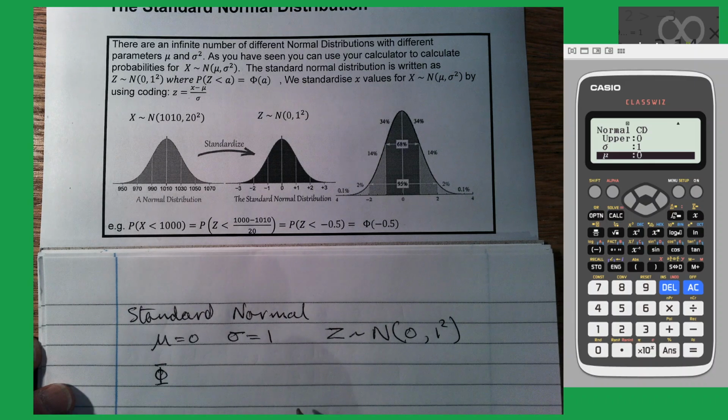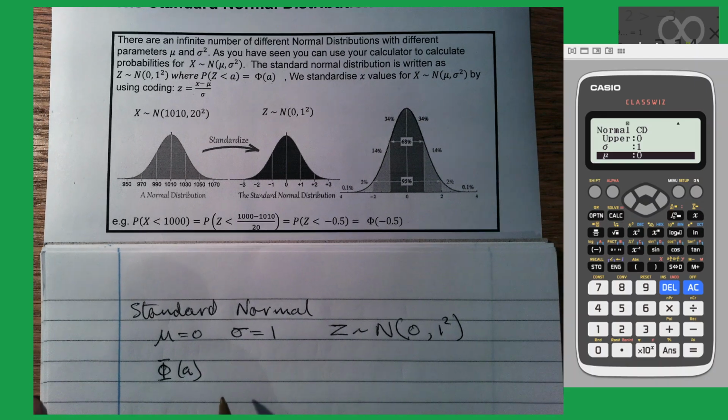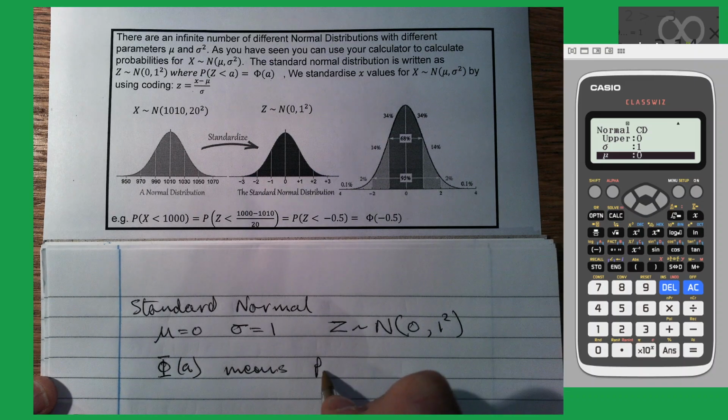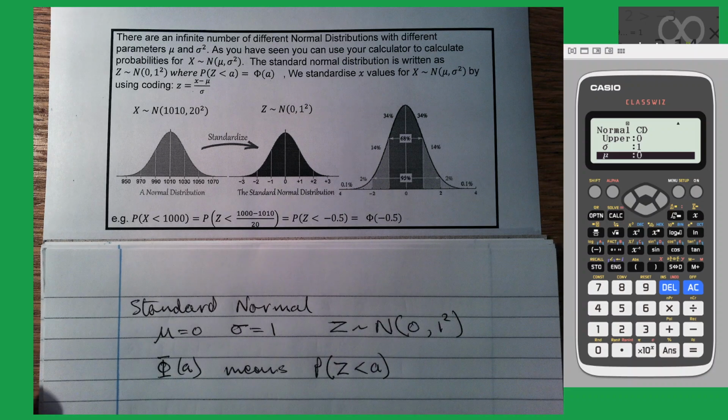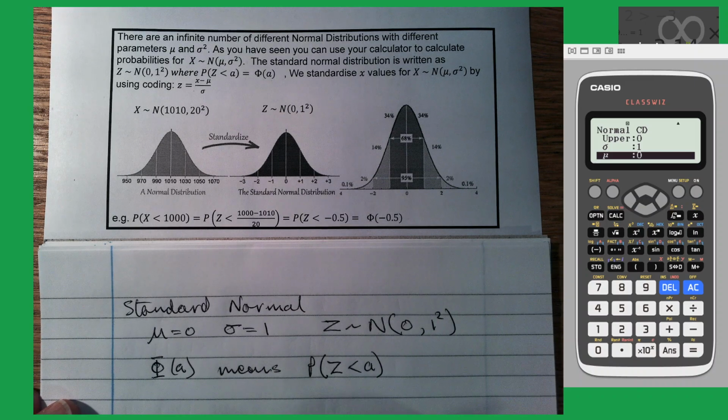Phi of A is used to mean the probability that this variable z is less than A. So where we've previously written probability of x is less than a value, here we might write probability that z is less than 0.9, say, or probability that z is less than minus 0.2.